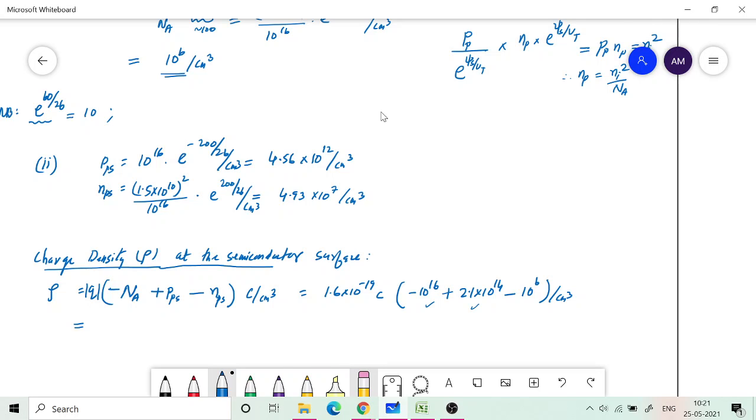It is like 10 raised to 14 plus 10 raised to 6. 10 raised to 14 will have some 14 zeros.